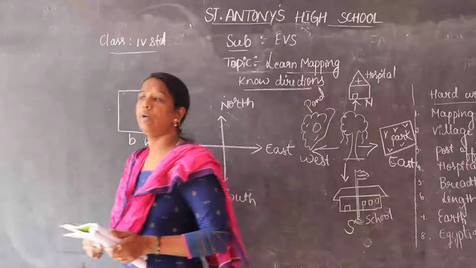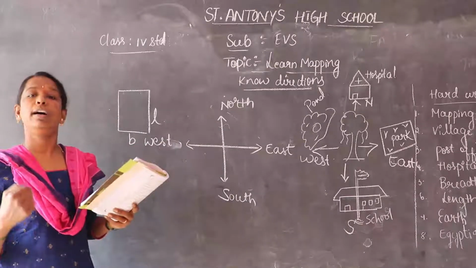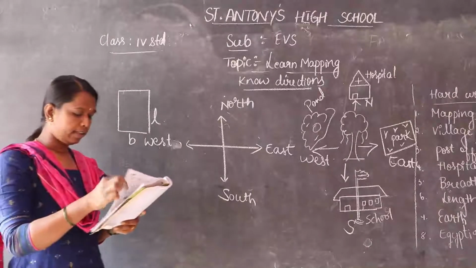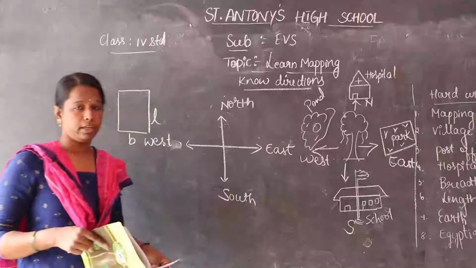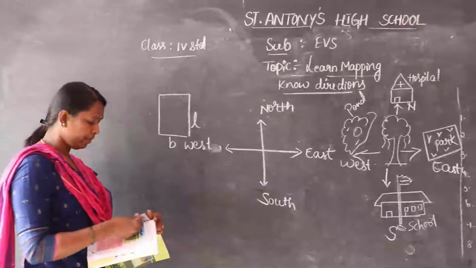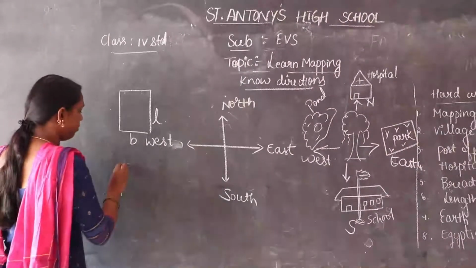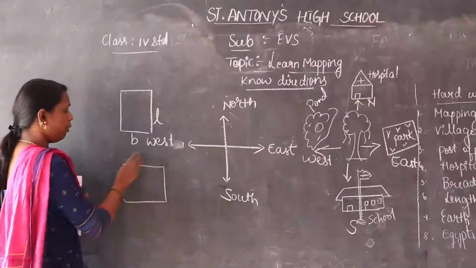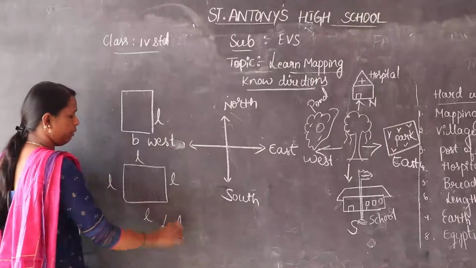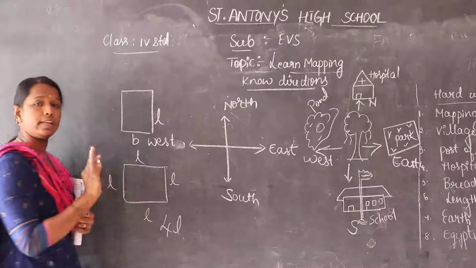Sketch the classroom. Now you have windows, a door. The room may be rectangle shaped or square shaped. If your classroom is a square shape, you calculate the perimeter using the formula 4 into L. In a square, all 4 sides are equal.